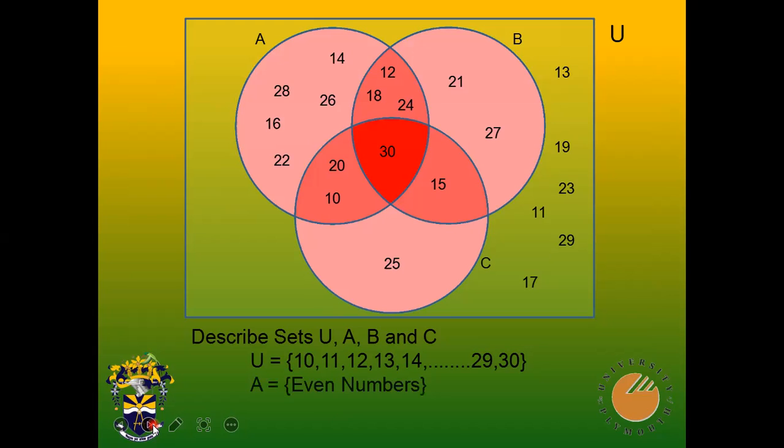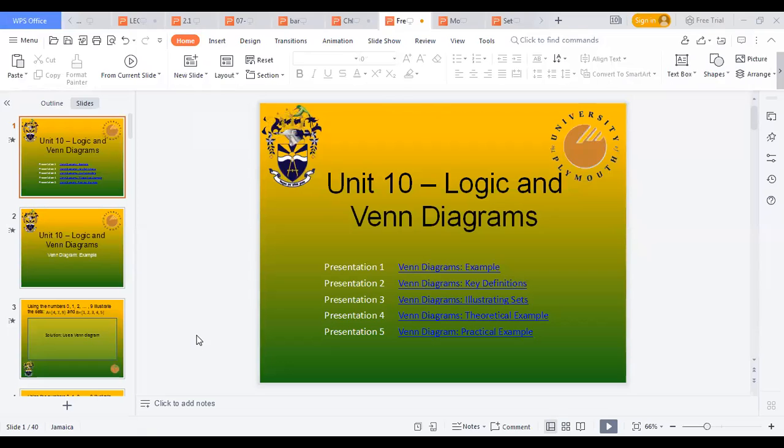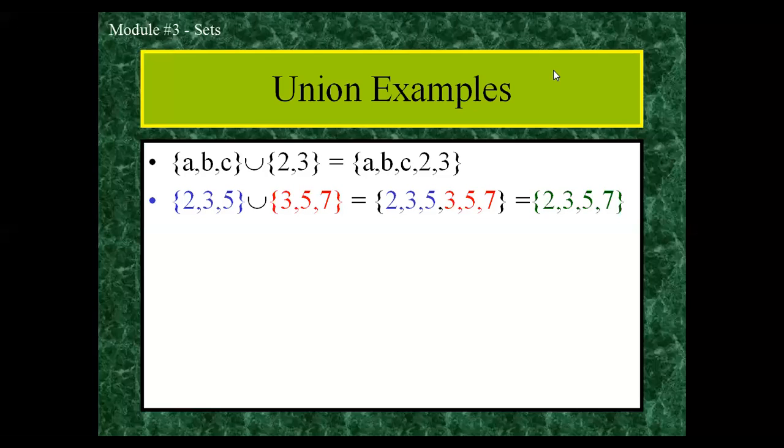Here A is all even numbers between 10 and 30, and B is the multiples of 3 between 10 and 30. And C is the multiples of only 5. If you observe the colored area of C, we get multiples of 5. So actually we have described here what a set is.